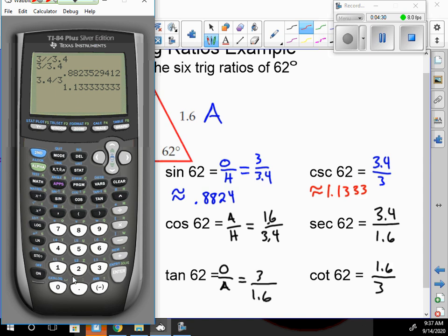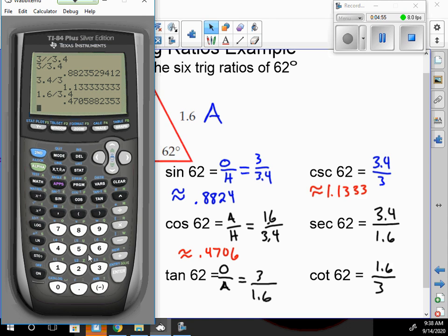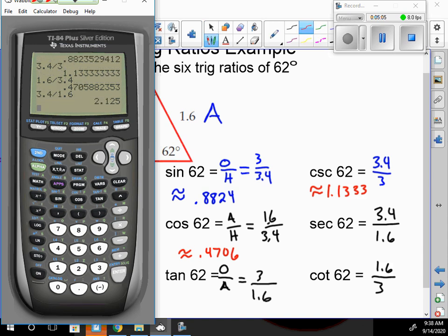Cosine of 62 is 1.6 over 3.4, which is approximately 0.4706. Then 3.4 over 1.6 is 2.125.